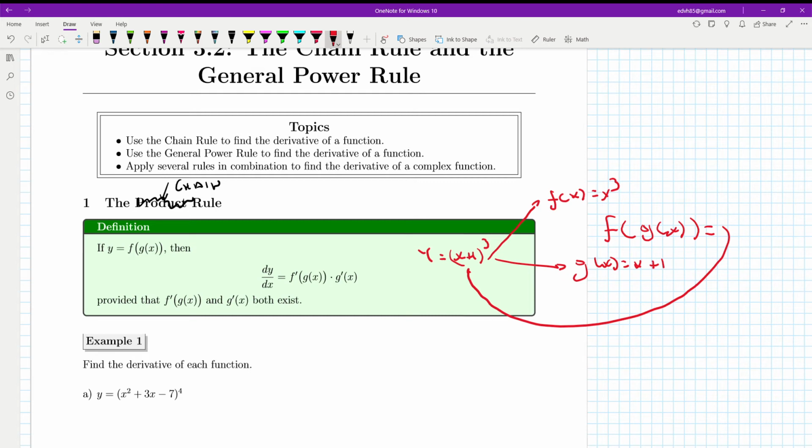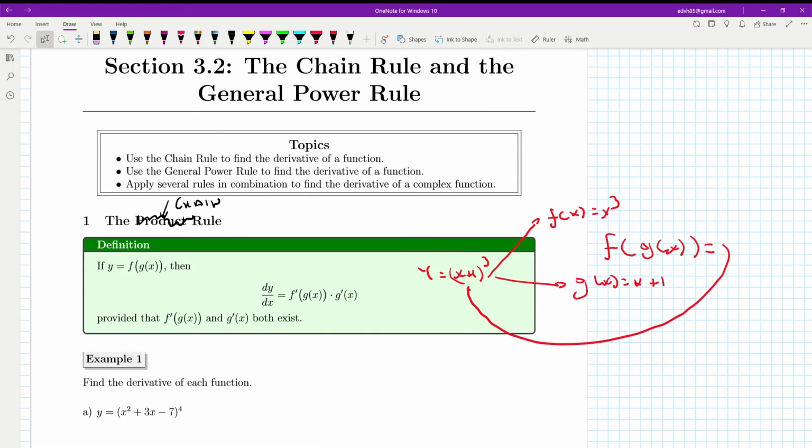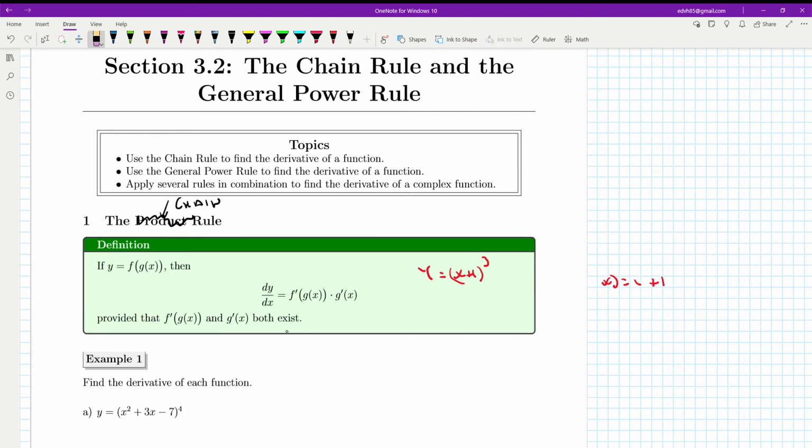The way to find the derivative of a function using the chain rule is to think of these functions as multi-layered functions. Let me erase all this right here. You can see this function as a two-layered function: an outermost function, the outer layer, and the inner layer.